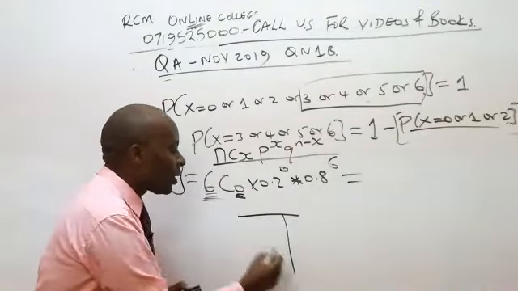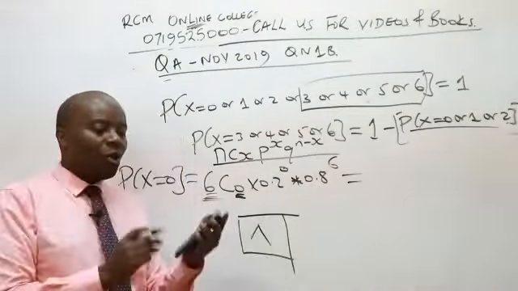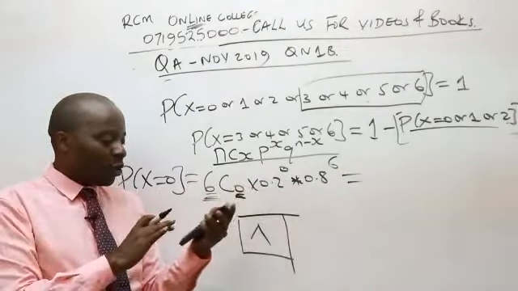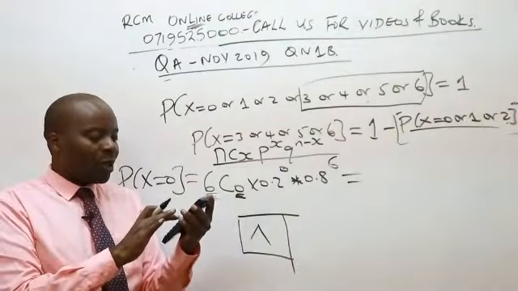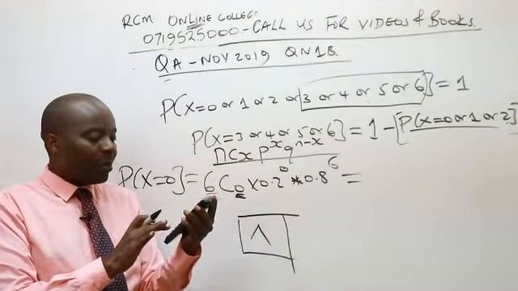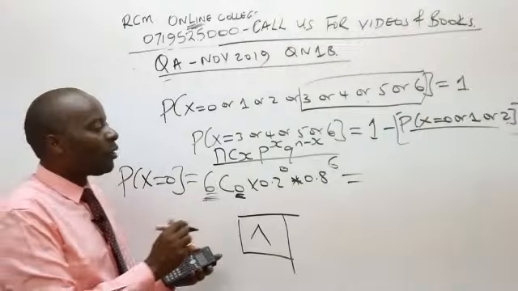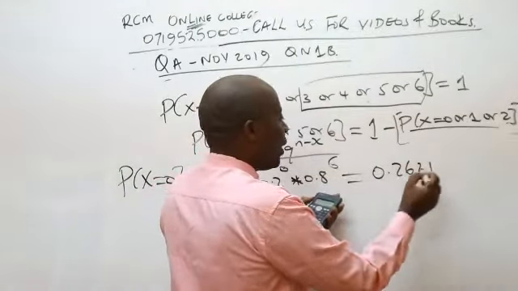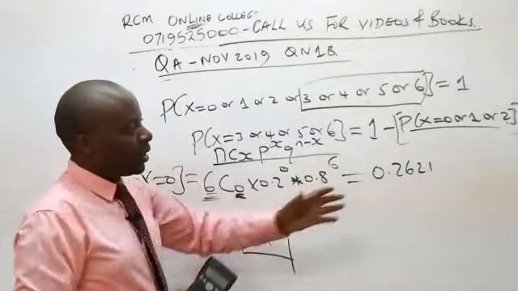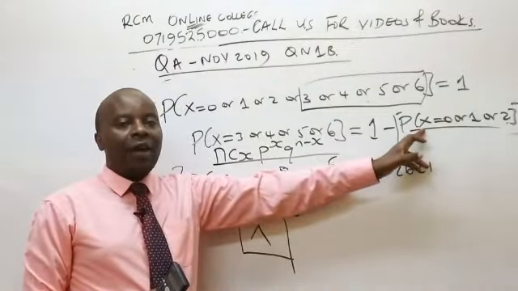In some calculators, raised is like this. So raised to what here? To 0. Then I'll say times again 0.8 raised to power what here? Power 6. So what figure am I getting here? I'm getting 0.2621. So this is the probability of the first event.